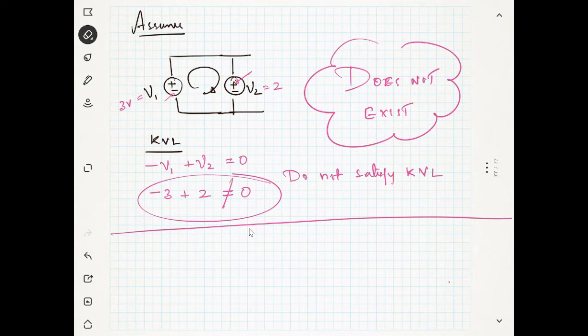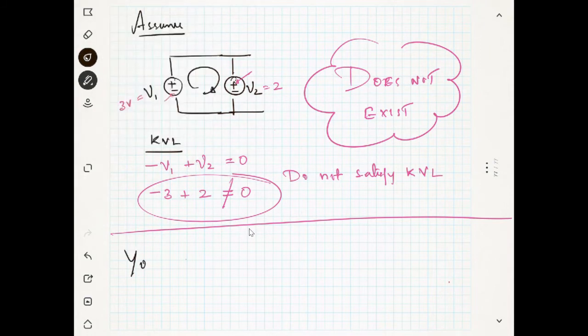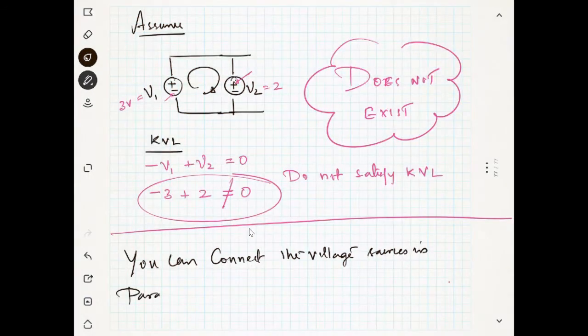So you can connect the voltage sources in parallel only if your V1 is equal to V2.